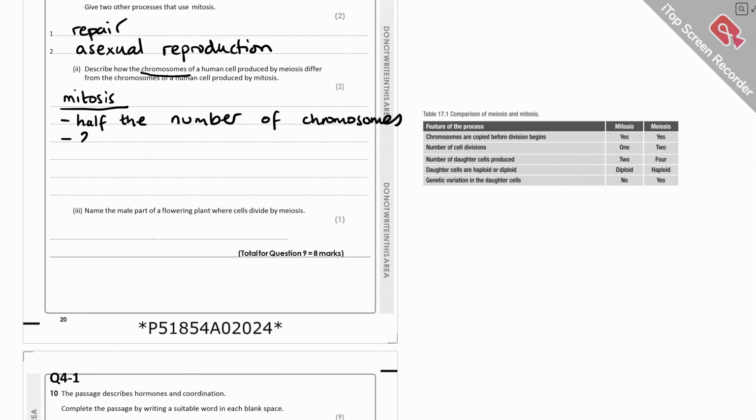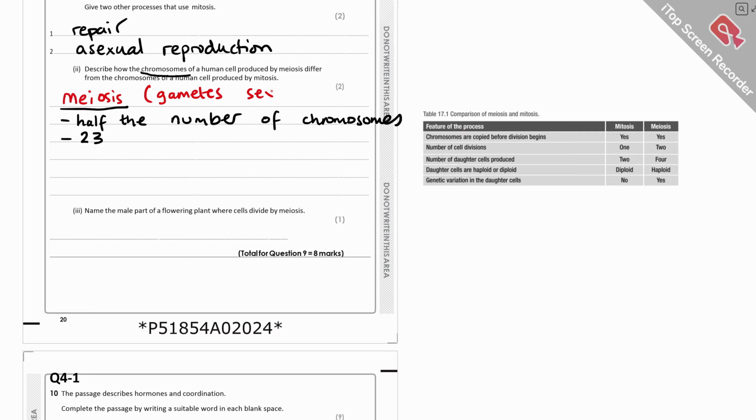So instead of 46, you can have, nope, I always do this. Let's get this right. It's meiosis. Meiosis is for gametes.